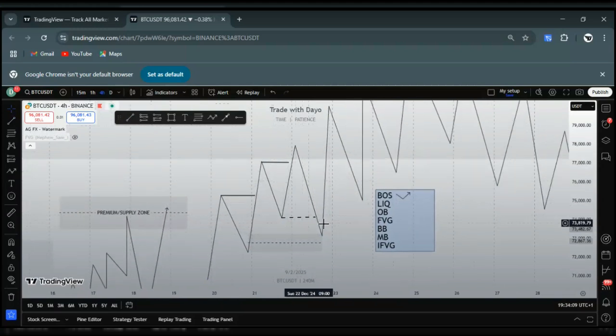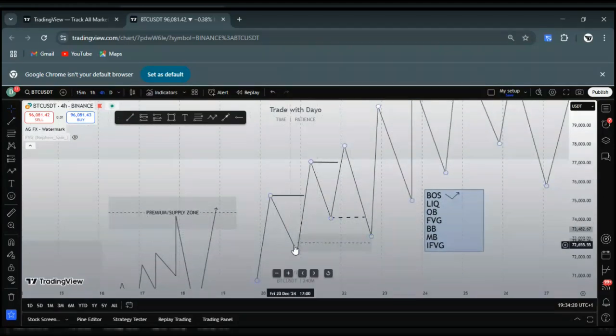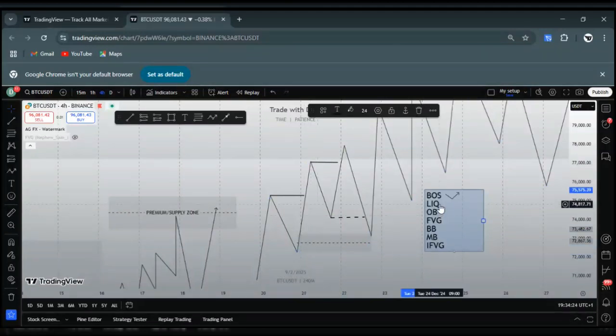Then we expect the market to come to our valid zone. Before then, you should be able to see more confluences that validate this zone. Something like liquidity, which is one, the second break of structure, which is one, then liquidity, which is two. Then what again?